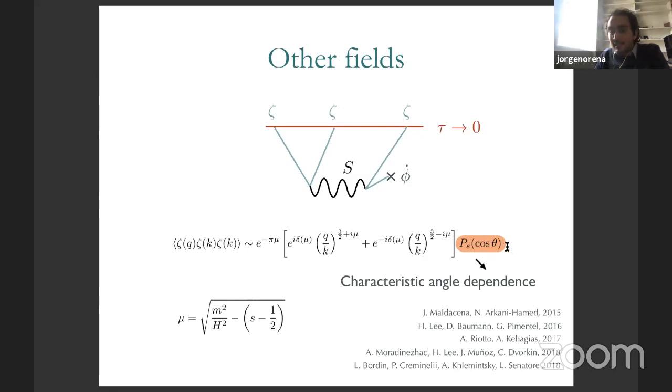So you get a characteristic angular dependence in this three-point function. So you can learn a lot about whether inflation was single or multi-field, and whether there was a light higher spin field, higher than zero spin, present during inflation by looking at the squeeze limit. So it's very interesting.